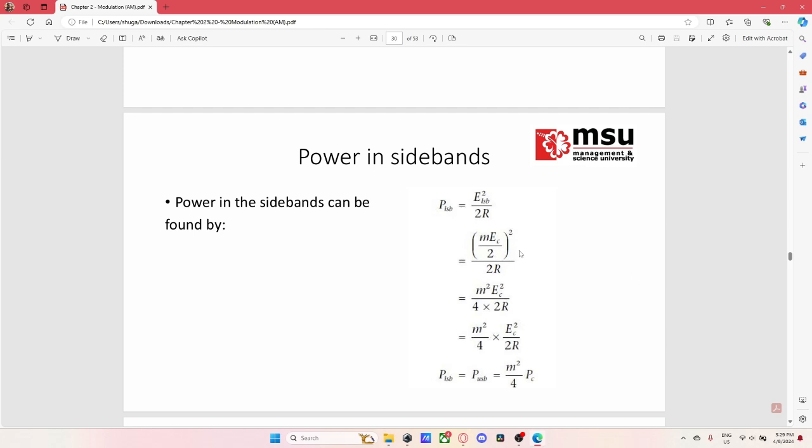Both of these are squared, giving M squared times EC squared over 4 times 2R. Where is this 4 coming from?